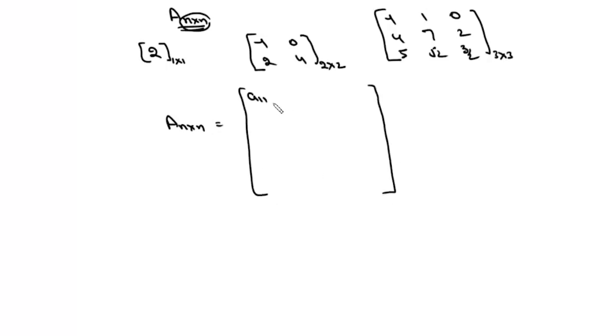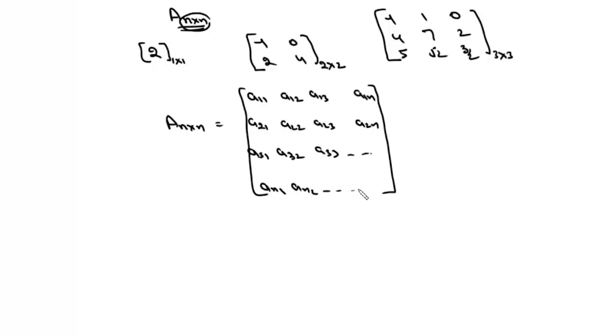Now this is A11, A12, A13, and this is A1n, this is A21, A22, A23, A2n, A31, A32, A33, and then it'll continue up to An1, An2 up to Ann.